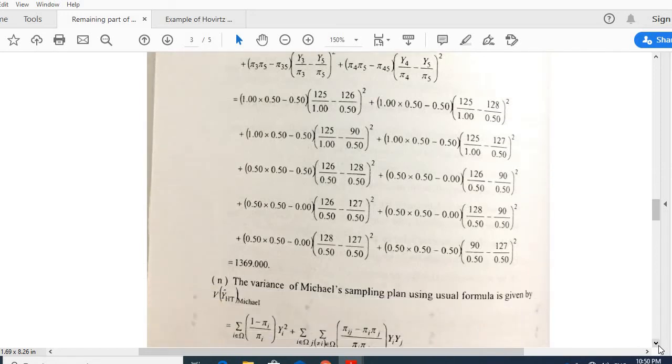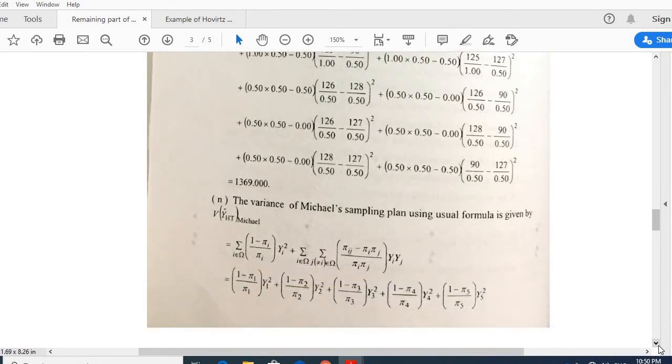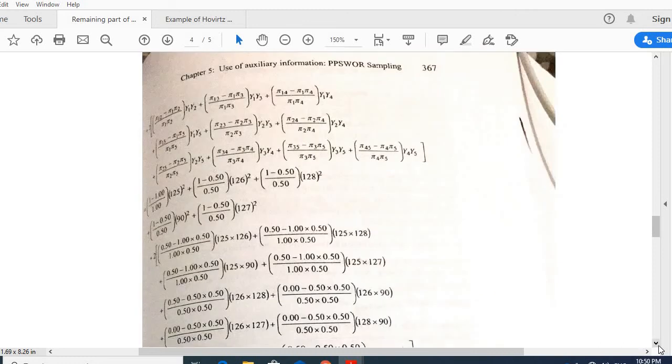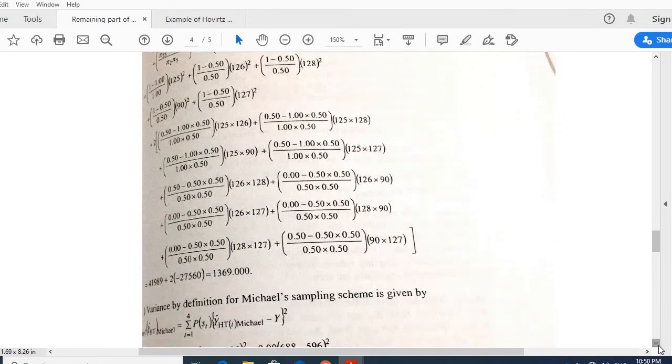Now part N, the variance of the Michael sampling plan using the usual formula is given as, which is the same as used for John sampling plan. After replacing the respective values, calculating these values and adding the respective terms, we obtain 1369.